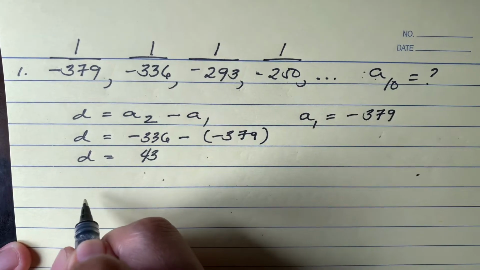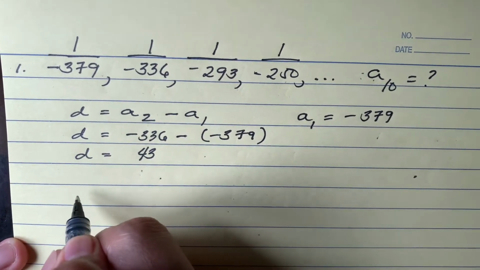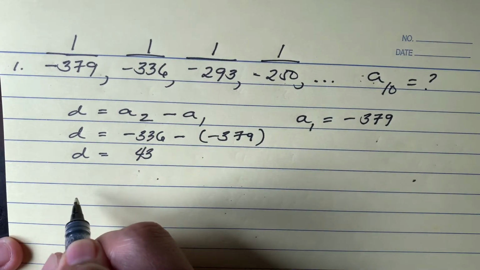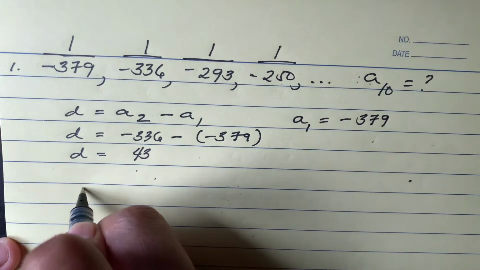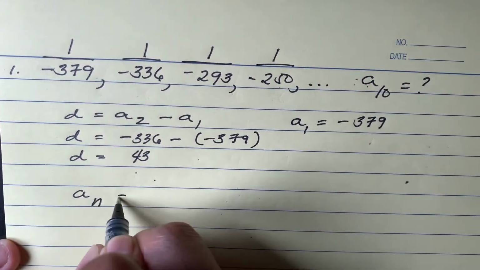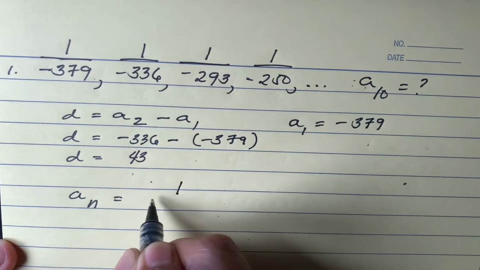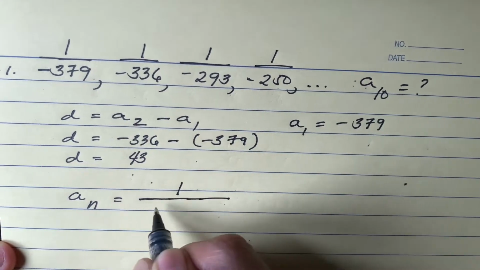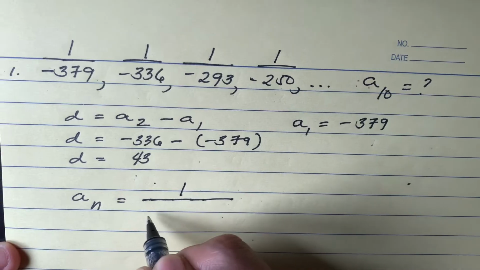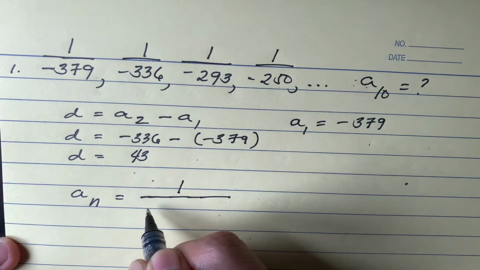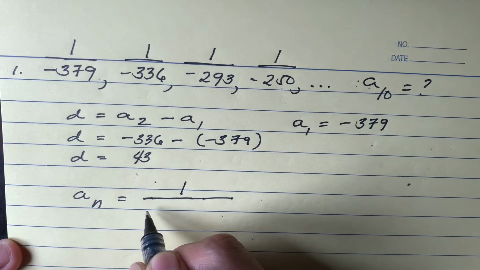So the formula in finding out the nth term of a harmonic sequence is denoted by this. a sub n is equal to 1 all over, and our denominator is simply following the formula of an arithmetic sequence for getting the nth term.